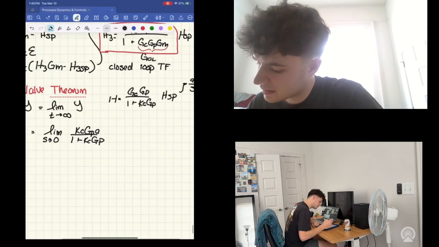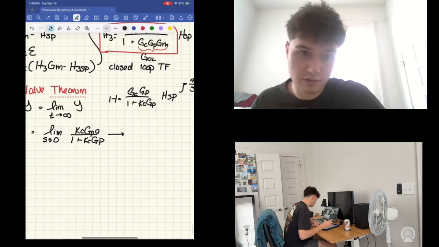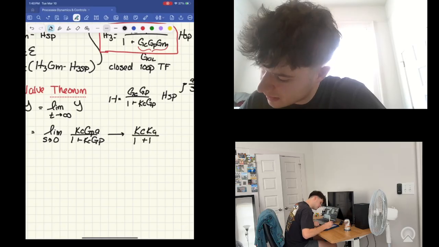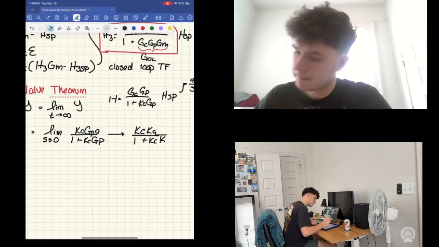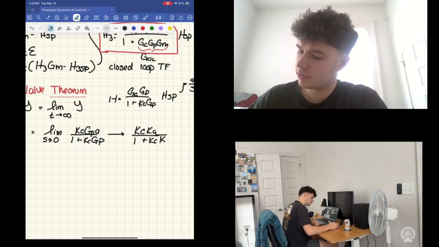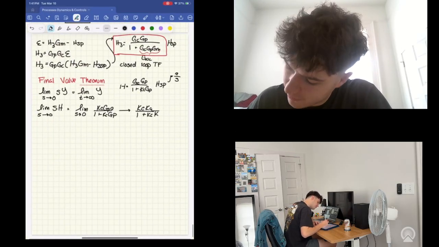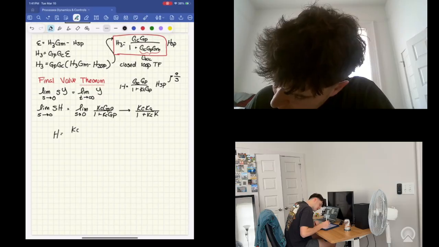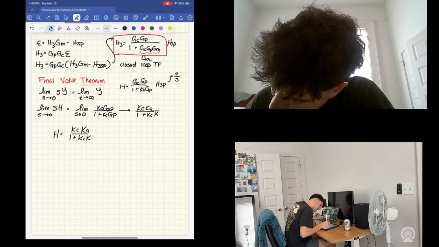The final step in this limit is to break this down even more, and you arrive at an equation of KCKIA over 1 plus KCK. So now I will write our final equation that we've been looking for, and that is H is equal to KCKA over 1 plus KCKA.